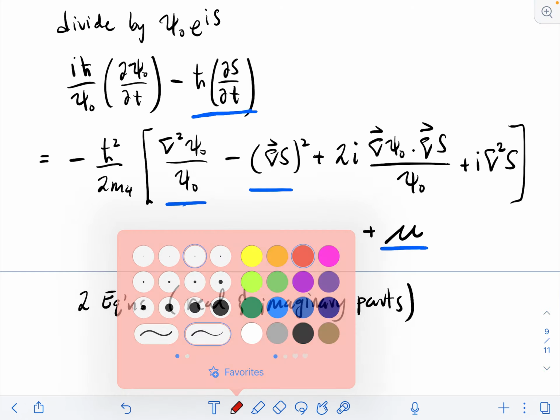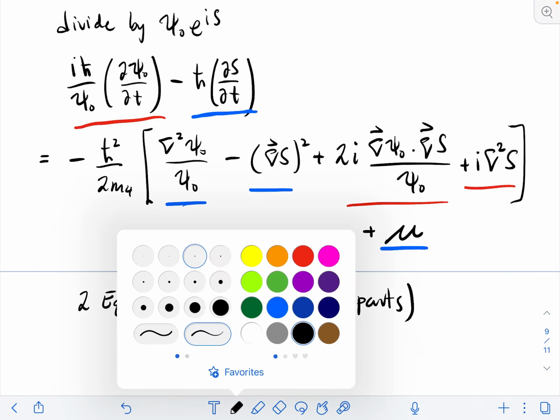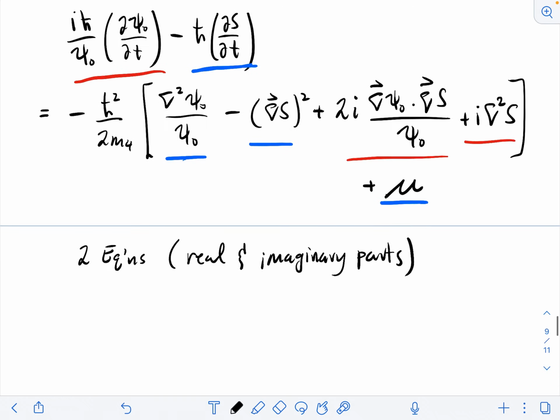So there's an i out front of the d phi dt, and there's these two imaginary terms on the right-hand side. Okay, so let's collect the real parts, and so we'll examine the real parts of this equation.